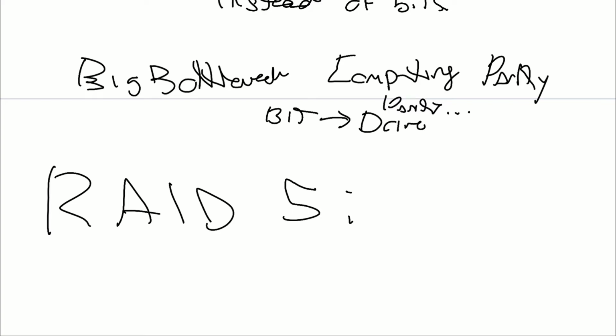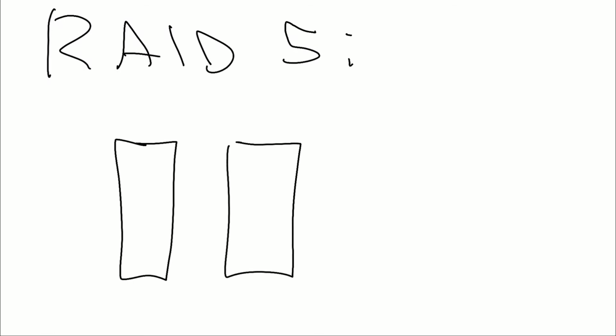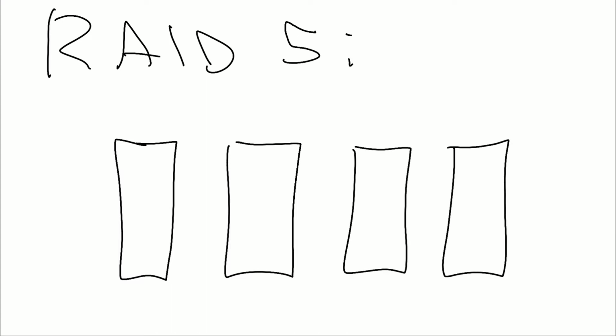So RAID 5 is going to work like RAID 4, but it's going to split the parity bit into the other drives. So suppose that I have 4 drives, and before, I could have three data drives and then my parity bit drive, right?